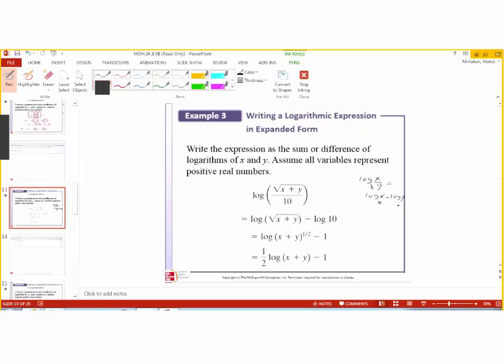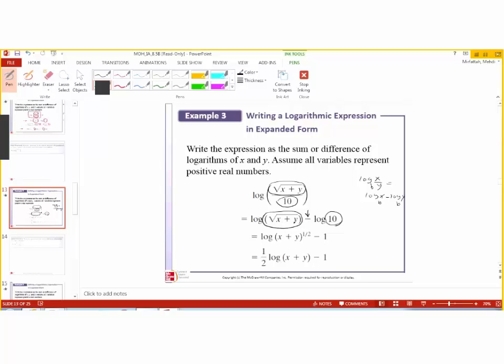All the bits are the same. So this is your x at the top, this is your y. So that's why we have log of what you have at the top minus log of what you have at the bottom. That's the first thing we do.